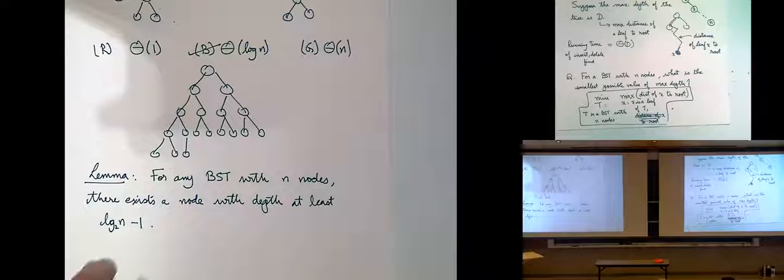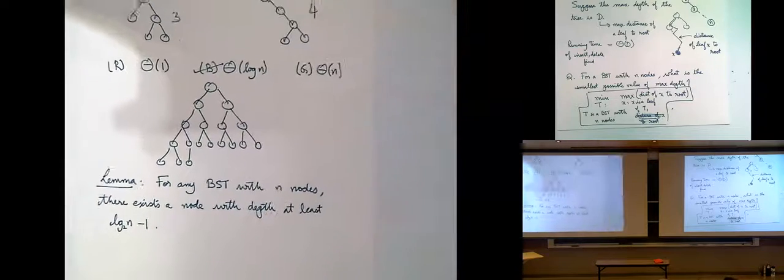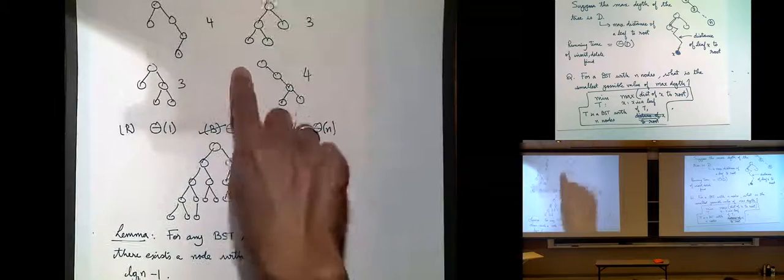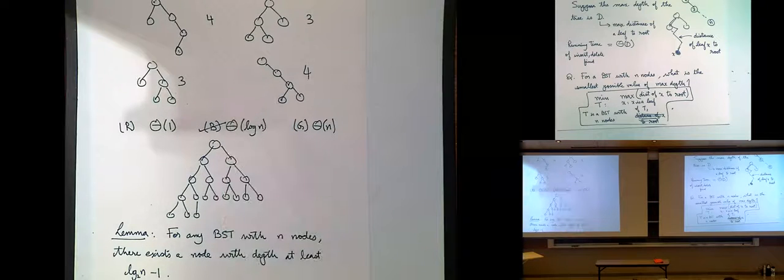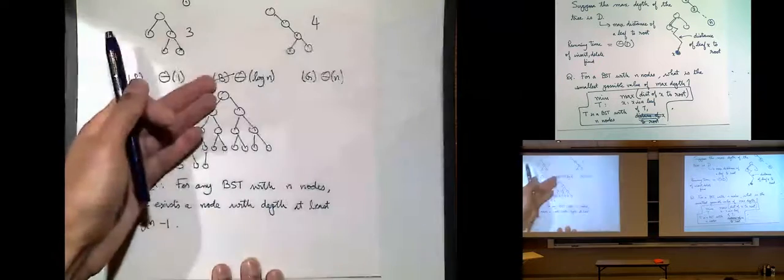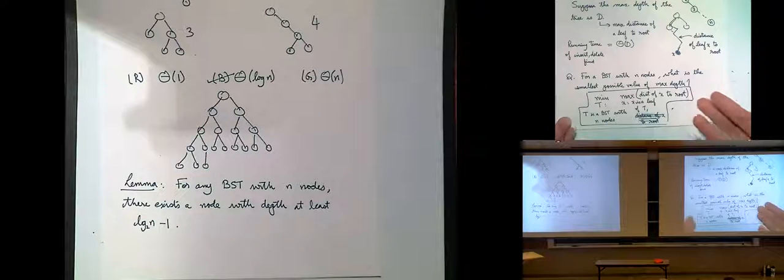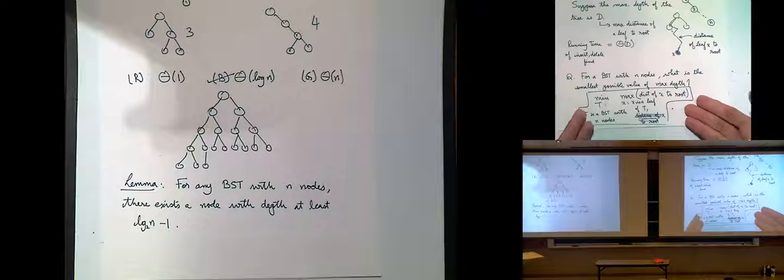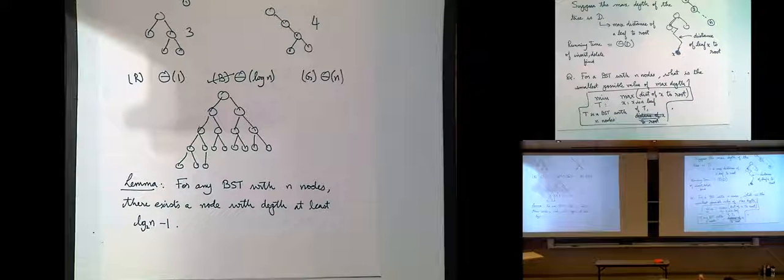There's always a node whose depth is log n, like in this example here, we said if you put 5 nodes in, there's always some node that's going to be at depth 3. And log n is sort of the limit, the best possible value of this expression. This expression is the smallest insert time for any binary search tree with n nodes.